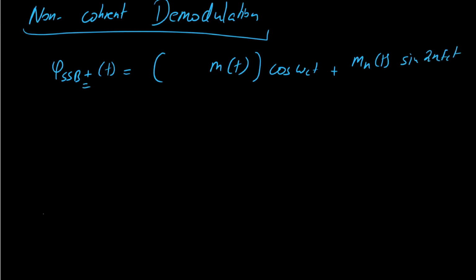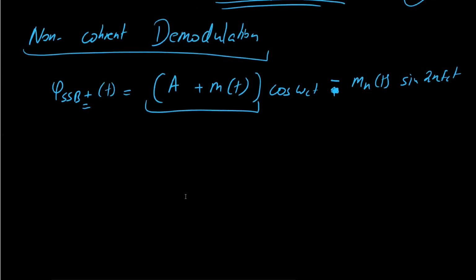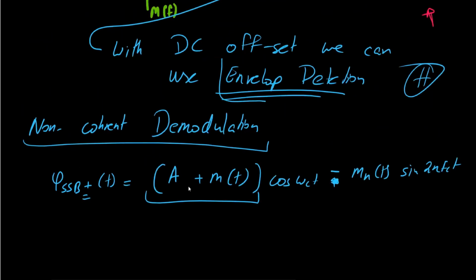So this is plus, so this would mean that this is basically minus. And with the DC offset, we are basically giving an A with the message signal, A plus m of t, and we need to demodulate this, right? So if we need to demodulate this, we have to look into an envelope detection.